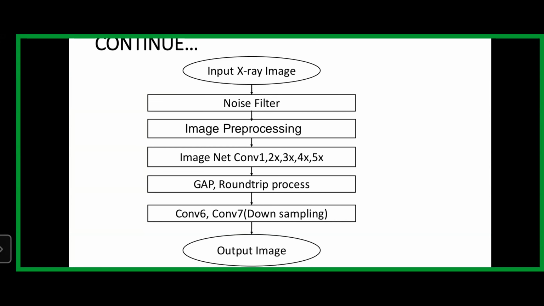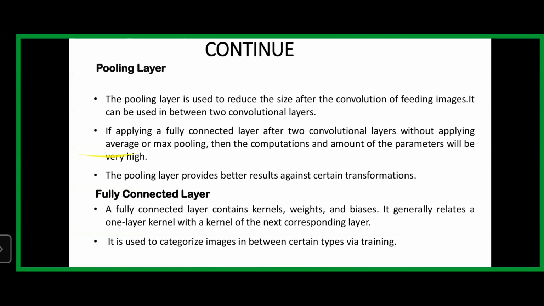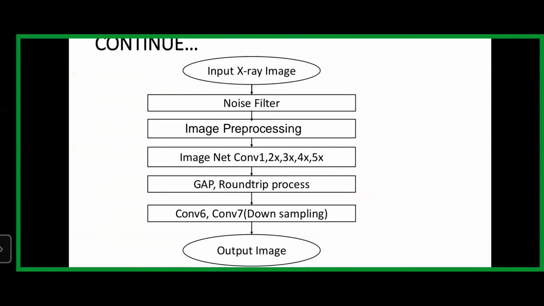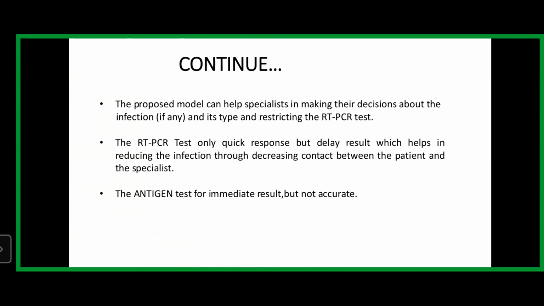The main thing is using the ImageNet database, for which a lot of databases were created, and billions of images are stored in the GitHub repository. On the comparison with RT-PCR: it gives a quick response but delays the result, which reduces infection by decreasing contact between the patient and the specialist. The antigen test gives an immediate result, but not accurately.